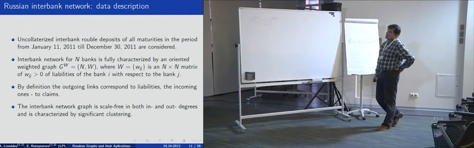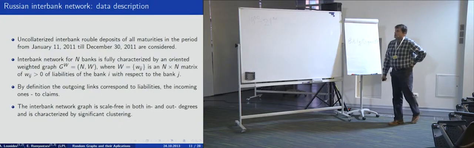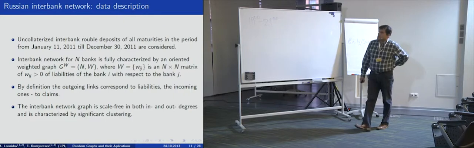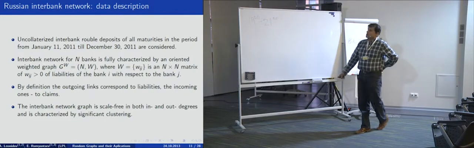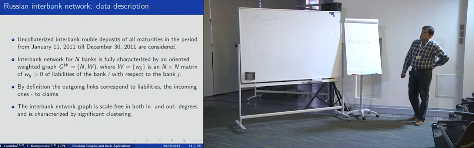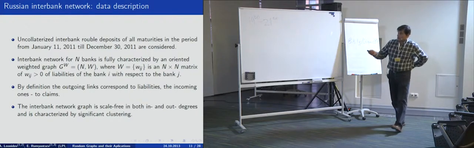Now, for us, positive sign was when the bank I had liabilities with respect to the bank J. So outgoing correspond to liabilities and incoming to claims, and this will be illustrated.